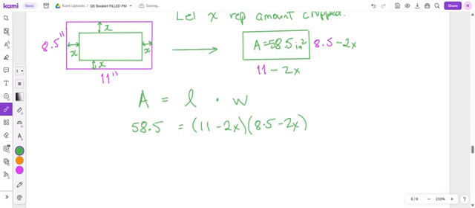Talk to the people that you're next to. Daria, can you turn around? Or actually, Pierce, why don't you turn around and talk to Daria? Can I just flip over so it says 11 minus 2x, like, so the bracket equals 58.5?